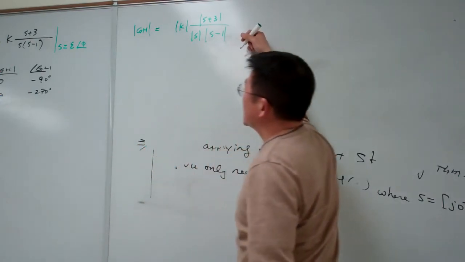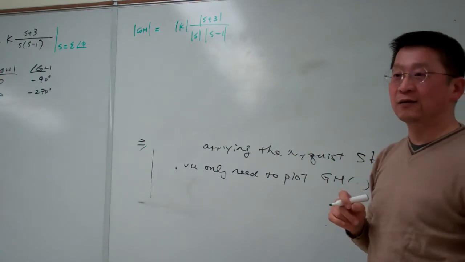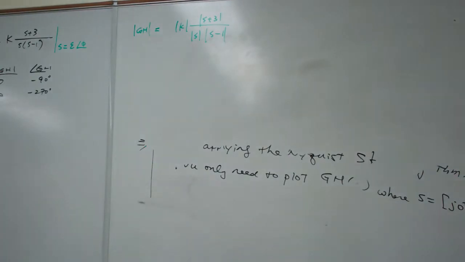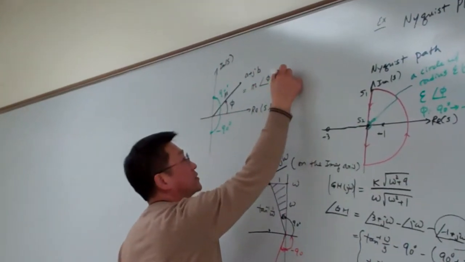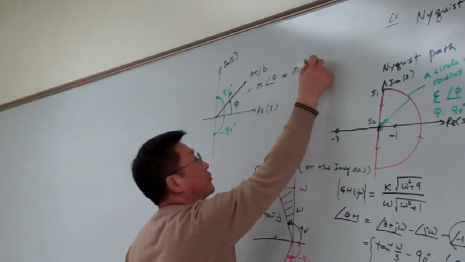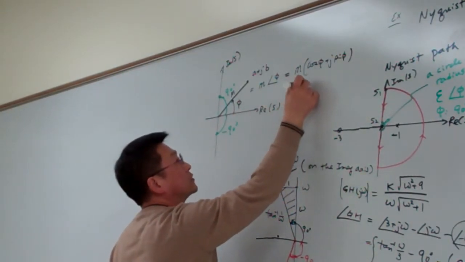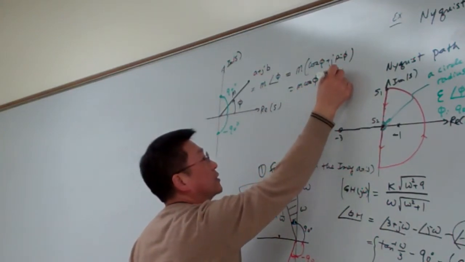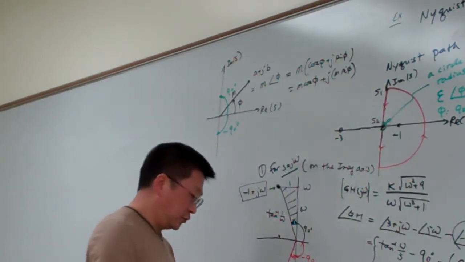Okay, so if you are really picky and want to do the calculation, look at here. For anything we've been through, it is this one. If you want to further simplify this version, basically that is m cosine phi plus j sine phi. And so m cosine phi is the real part, and m sine phi is the imaginary part. If you really want to do it, you should do it in this way.